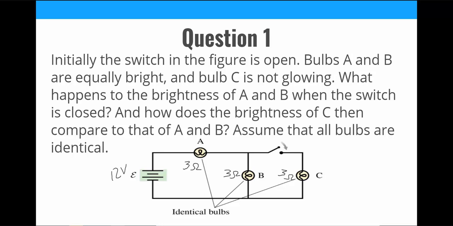So at first, this switch is open, so we can find the current through the whole circuit. We know our voltage, we know our resistance, so how do we find current?